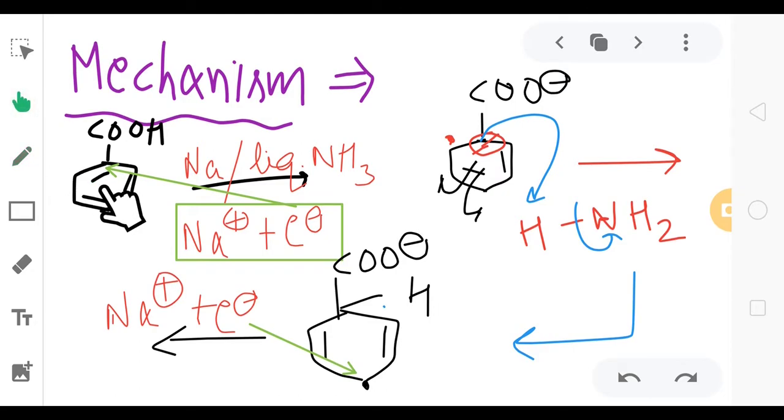This double bond will cleave homolytically, and one electron goes to this carbon and one electron goes to this carbon, and this carbon will get reduced by this electron. This carbon will get reduced, and this electron is actually coming from this sodium. What I had told you, that this sodium liquid ammonia will form a solvated electron.